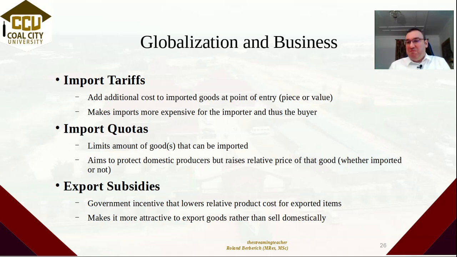Because the importer won't pay for that, you as a potential buyer are going to pay a higher price for that product now.